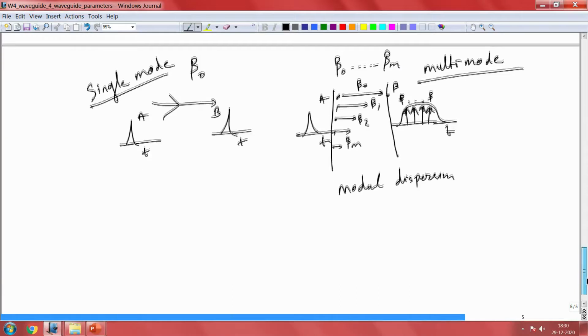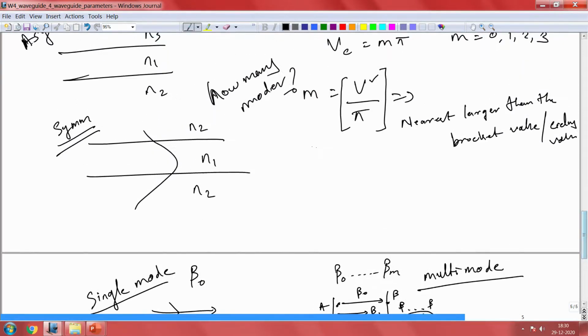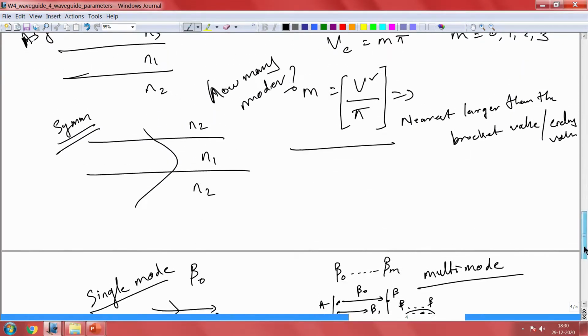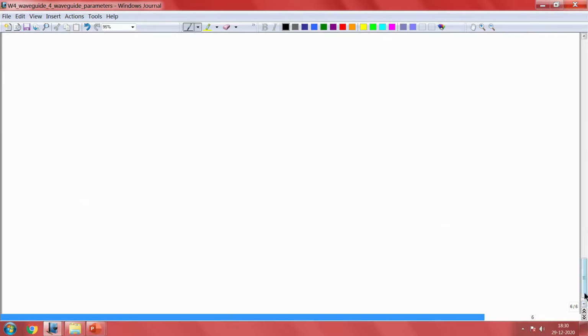So what is the condition for single mode? Let us go back and look at this. m equals V over pi is what we wanted. m should be 1 here, there should be only a single mode.